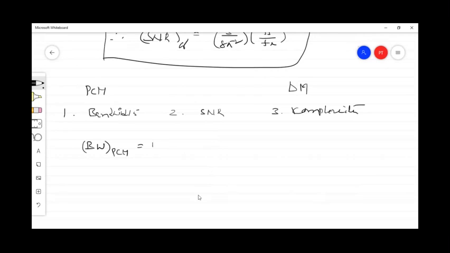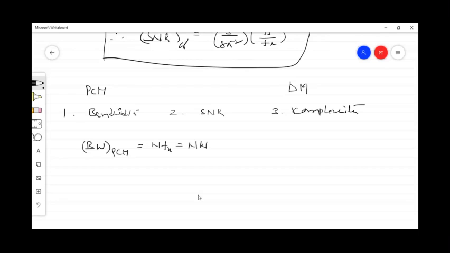It is equal to n fx, where n is the number of bits used to represent each quantization level, and fx or W is the highest frequency of the message signal, depending upon the notation you use.